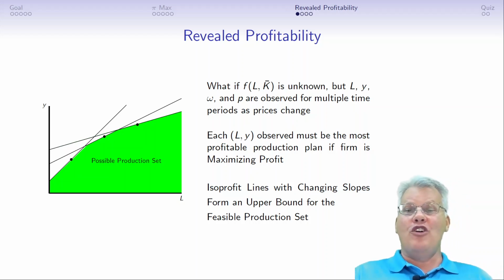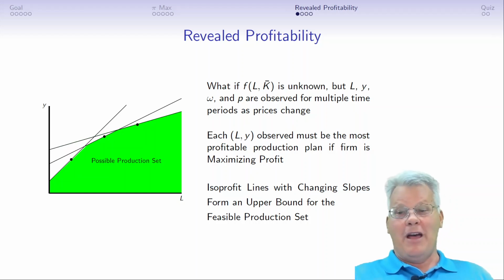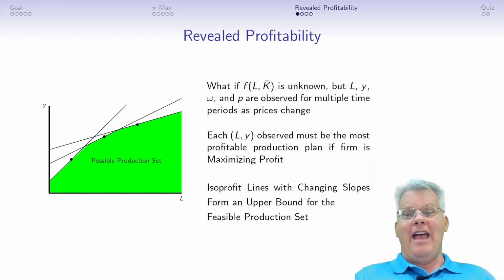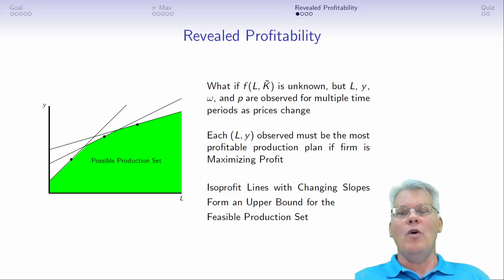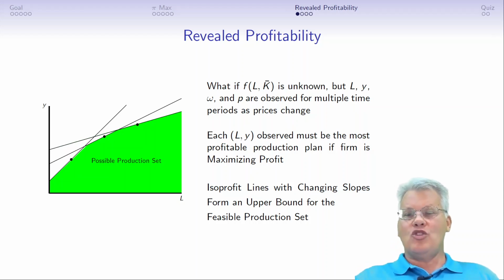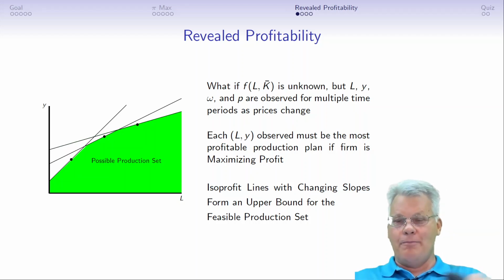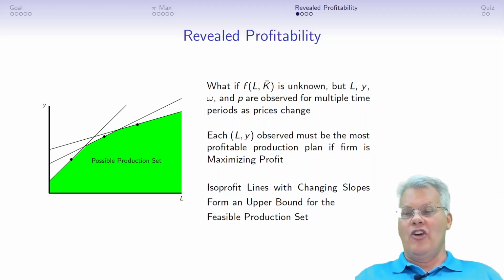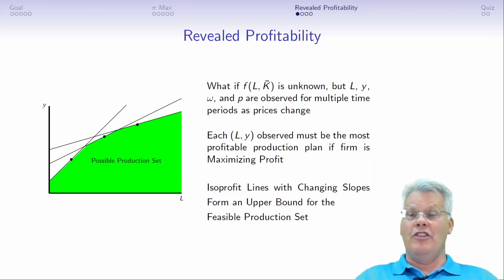If the firm really was maximizing profits, if the firm was well run, then the input-output combinations chosen by the firm are the ones that maximize profit. The net effect is that each one of these isoprofit lines put together gives you this diagram to my left, which forms an upper bound of the possible productions, the production set.